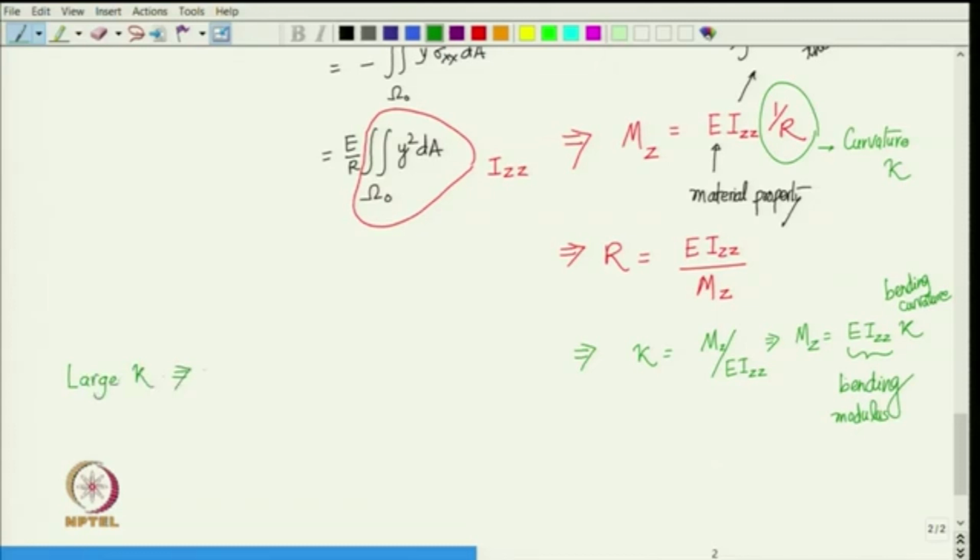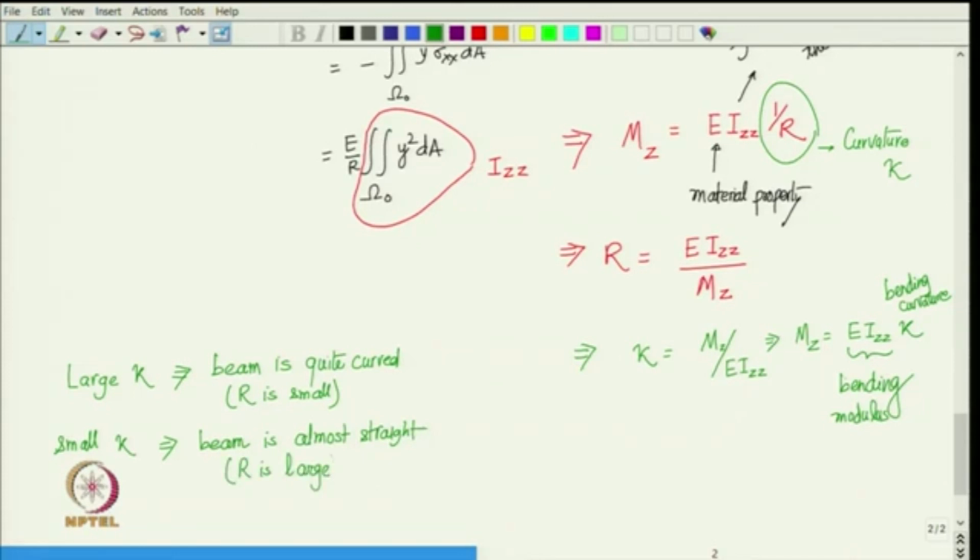Large curvature means the beam is quite curved, and that is because the radius is small, whereas small curvature implies the beam is almost straight, and that is because the radius is large here.